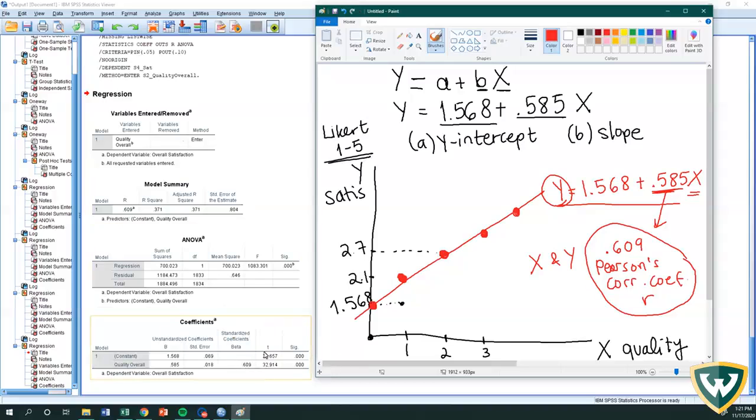And then something that's important here is the t and the sig values that are associated with your constant and your slope variables.